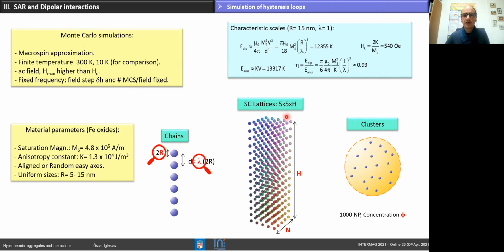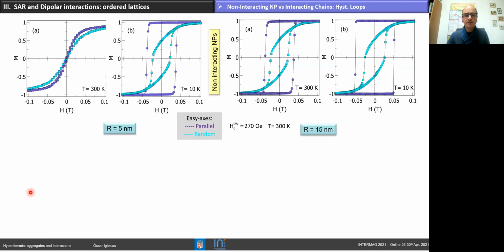Then I will proceed to study regular lattices of particles, which can be considered an extension of the chain case with different aspect ratios. And finally, I will treat the more realistic case of having particles randomly distributed in space with different concentrations. For all the simulations, the material parameters correspond to iron oxide and will not be varied.